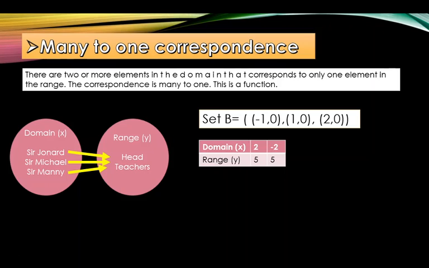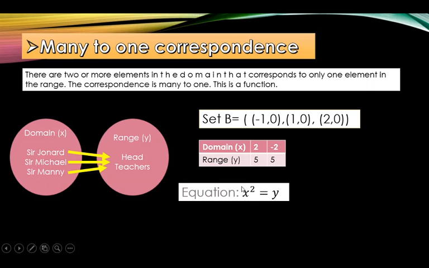So that is many-to-one. Okay, in an equation, x squared is equal to y is an example of many-to-one. Why? Because here, ibig sabihin ng x squared, dalawa ang value ng x. Many, no? Dalawa. At ang exponent ng y is 1. Ibig sabihin, isa lang ang pwedeng maging value ng y. 1. That's why we have here many-to-one.